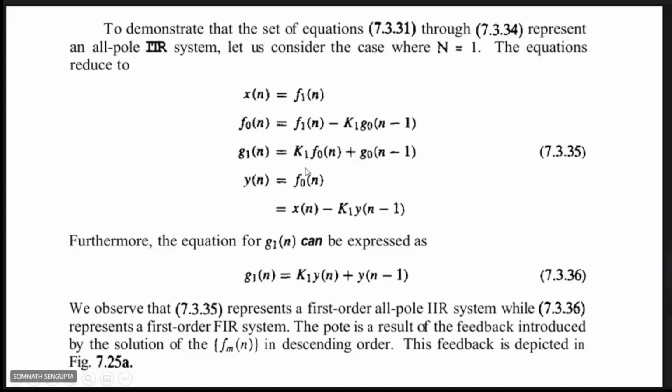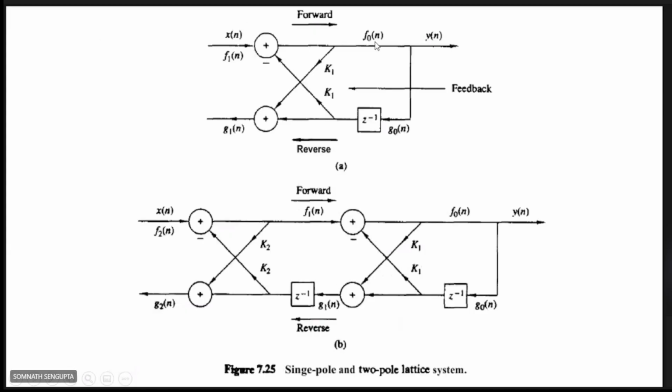So like that, if you calculate all the structure stages, then you see that one stage for n equal to 1 is nicely given, a single pole structure where n is equal to 1. Okay, so the output yn is this one. Now it is considered as f0n and g0n.